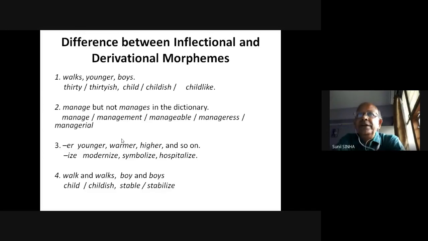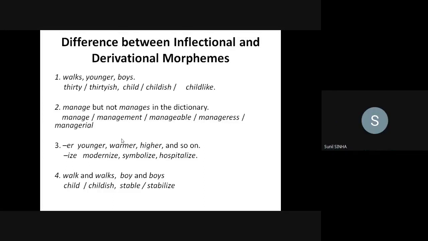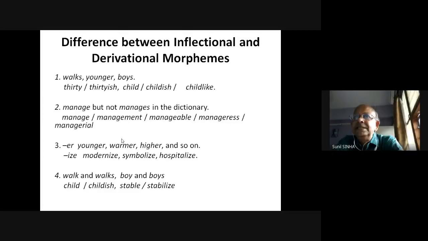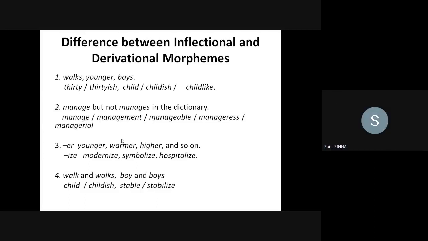Now look at the fourth difference. Walk and walks. Boy and boys. And then I've given you child, childish, stable, stabilize. Now, walk is a verb, and when we add this inflectional morpheme -s to walk, it remains a verb.